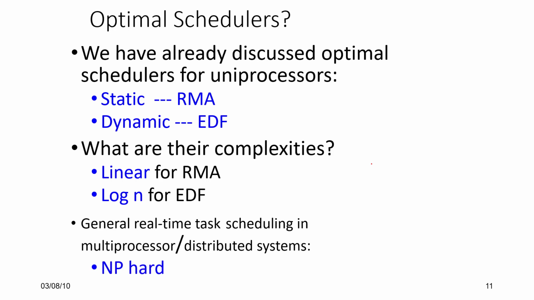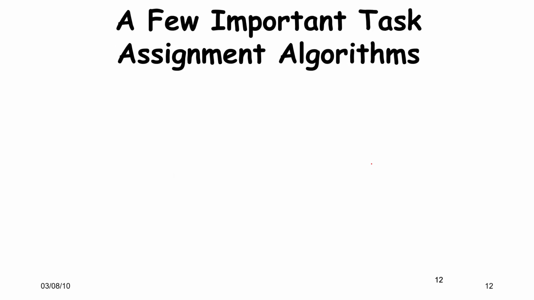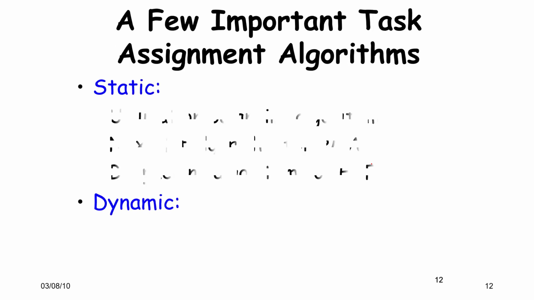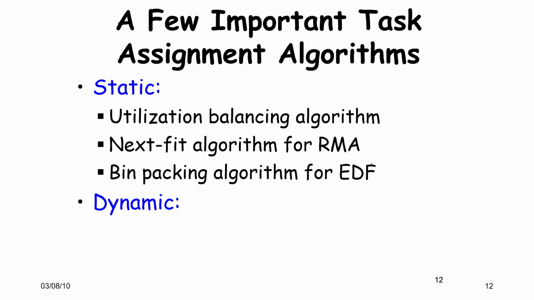In general, as we have seen in the previous lecture as well, in multiprocessor and distributed systems, we need to partition the tasks between the cores. And this is an instance of the bin packing problem, which is NP hard. There are a few important task assignment algorithms.